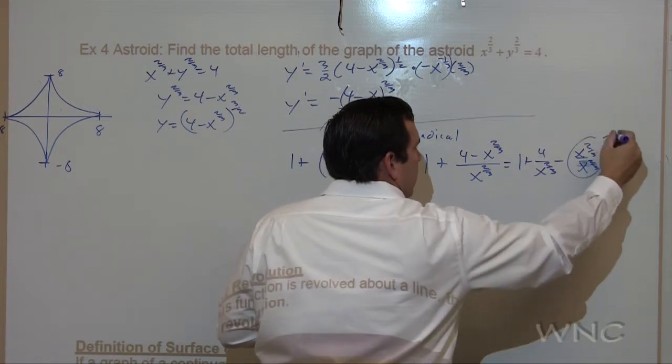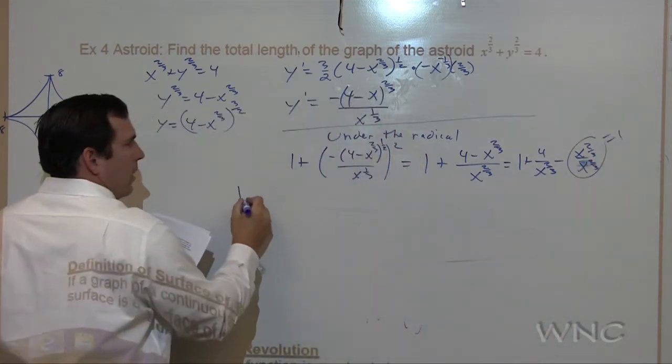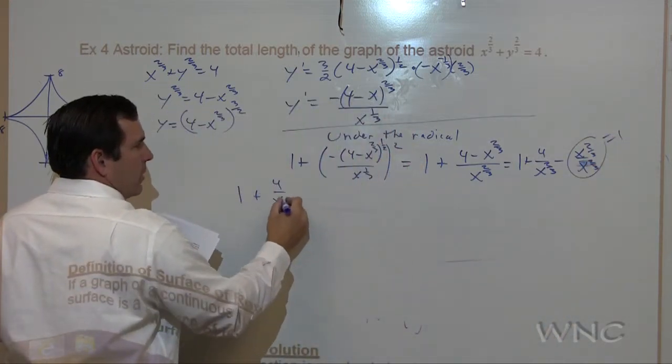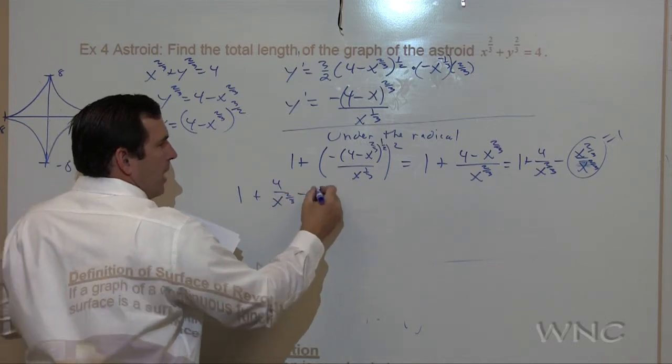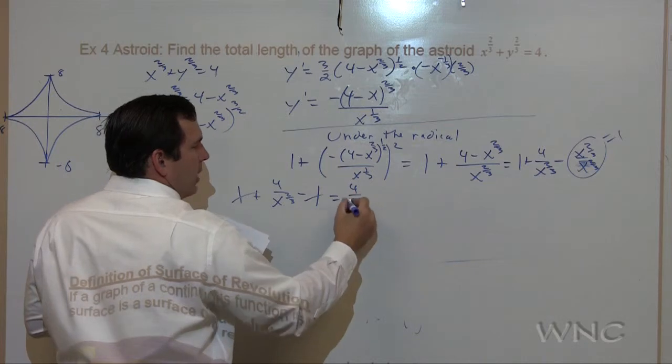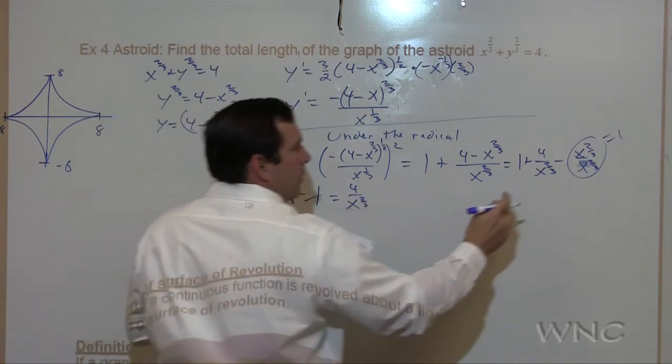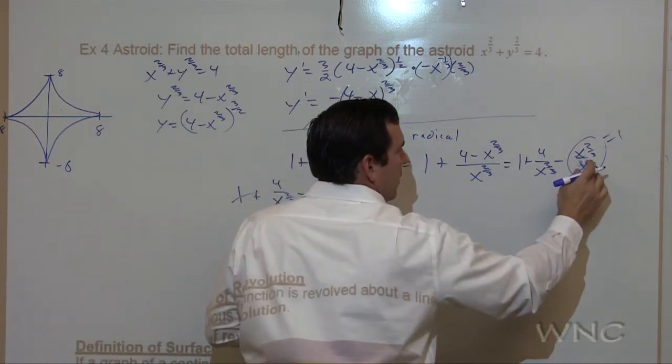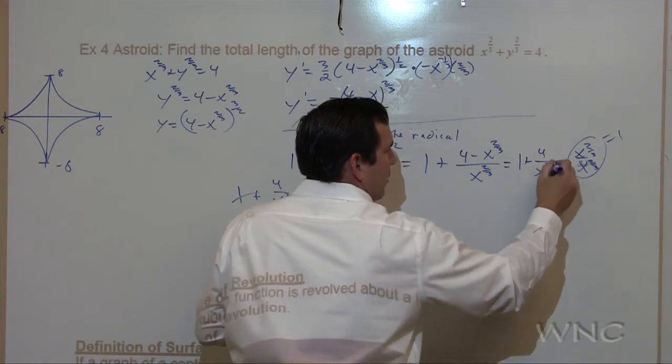So this part right here is just 1. So it's 1 plus 4 over x to the 2/3 minus 1. Those subtract out. We have 4 over x to the 2/3. And make sure that this is 2. There.